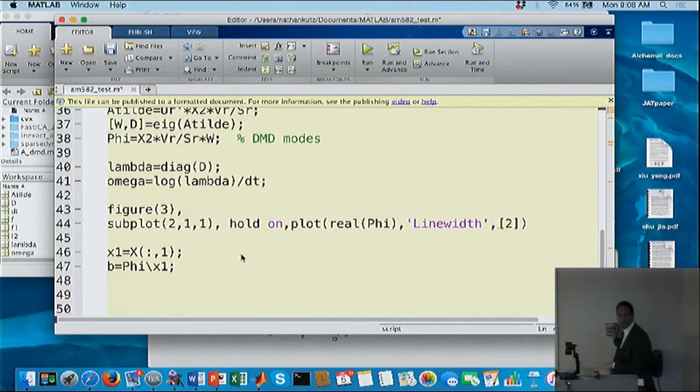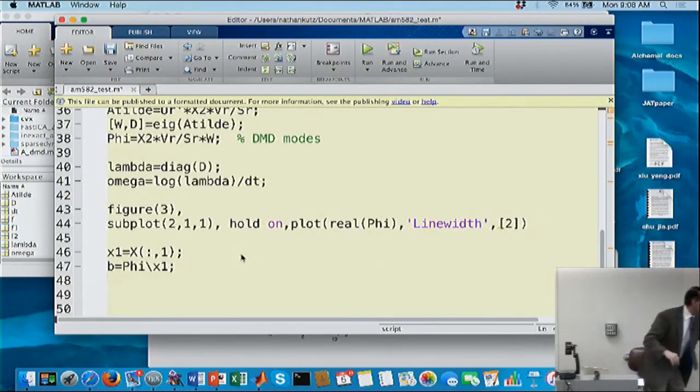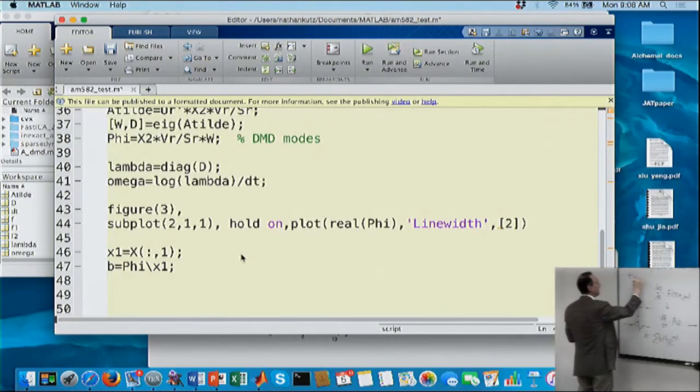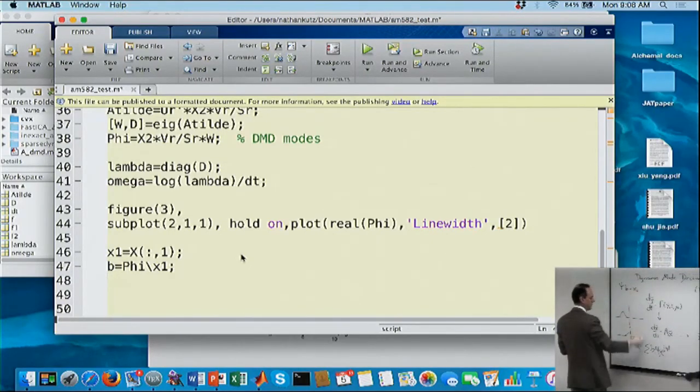Let's talk about how I got that. So remember here, I have this as my solution. At time t equals 0, e to the 0 is 1. So this thing here can be thought of as essentially all my modes times some vector b is equal to the initial condition, Ax equal to b.